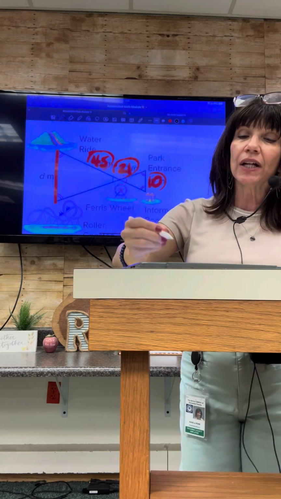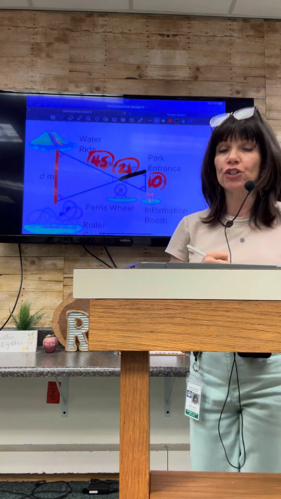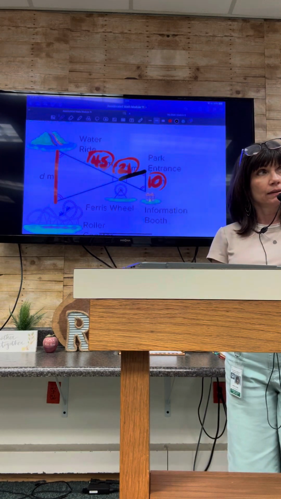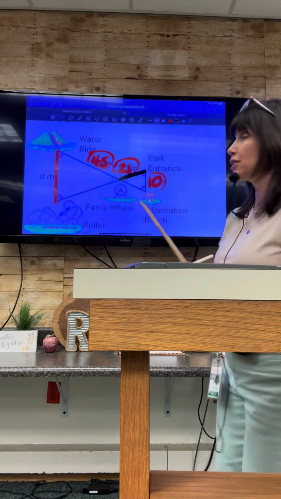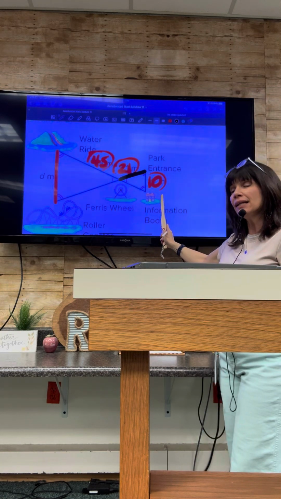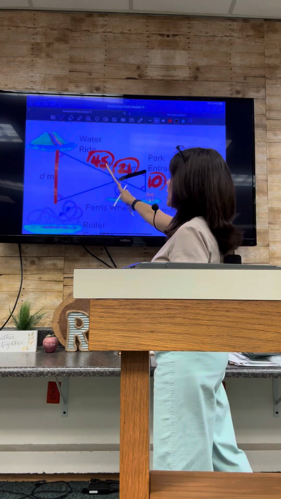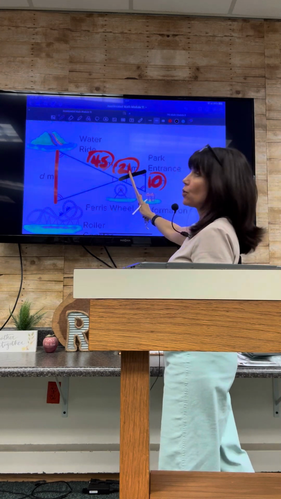I'll give you an example. I'll go ahead and give you this. The line measuring 21 meters is the line I just traced in black. Is there a way we can determine if the line measuring 10 is corresponding to 21, or if the line measuring 45 is corresponding to 21.